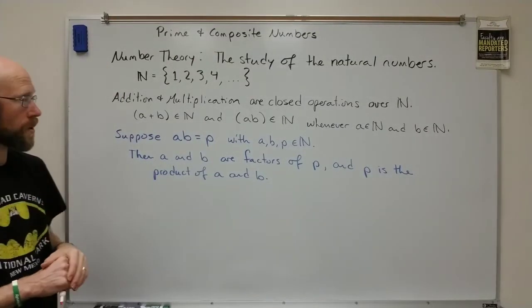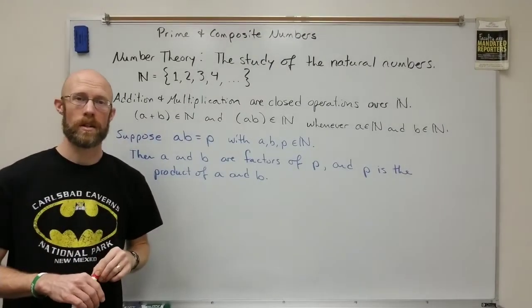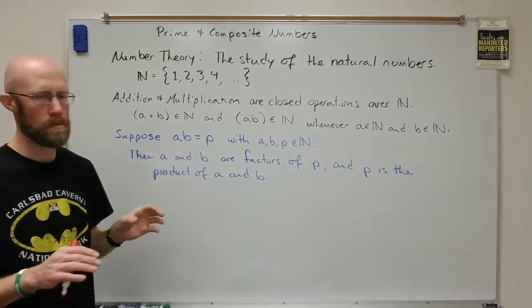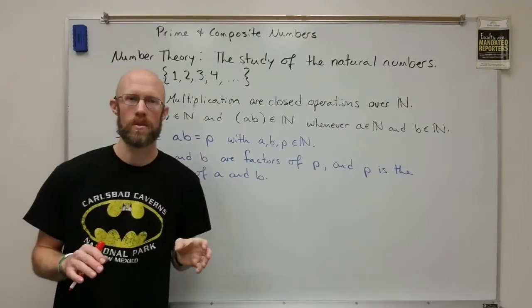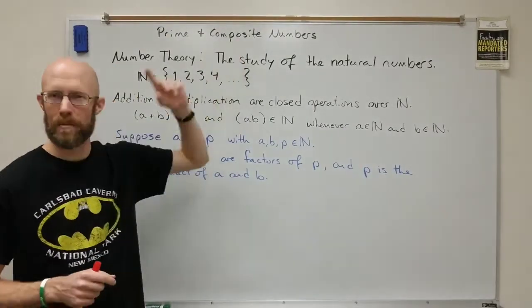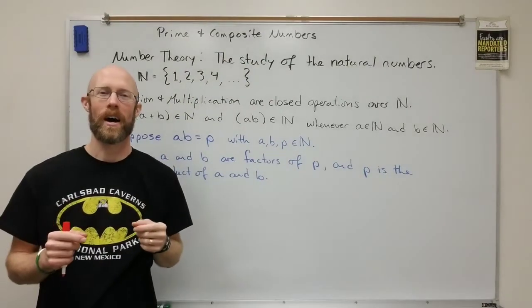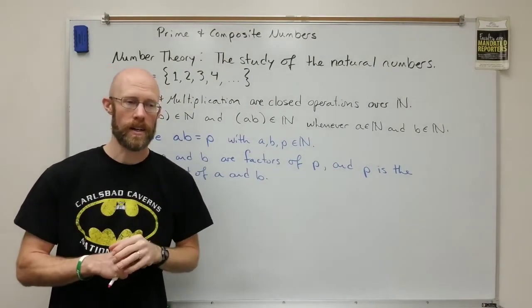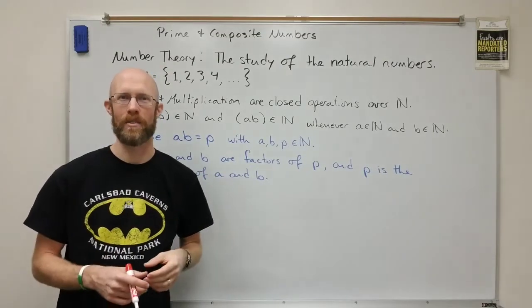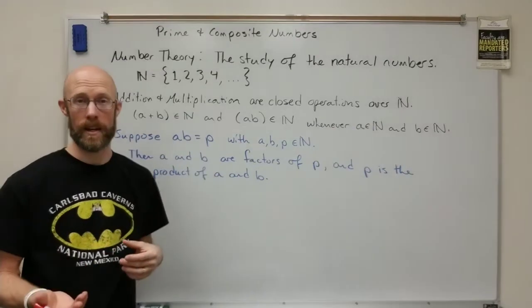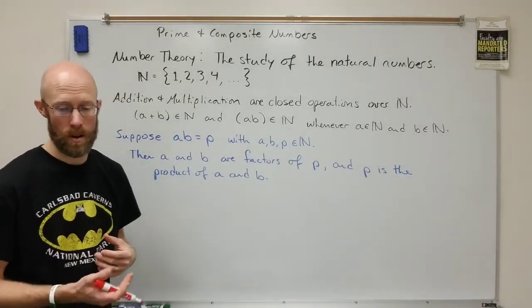Now we'll get a few definitions in here, and then we'll start looking at some really interesting things. I love number theory. Some of the basics that we're going to introduce here, with prime numbers and composite numbers, are going to be very profound and just interesting, I think. Kind of fun games that we play with numbers, and we're going to explore a lot of that in this coming chapter.